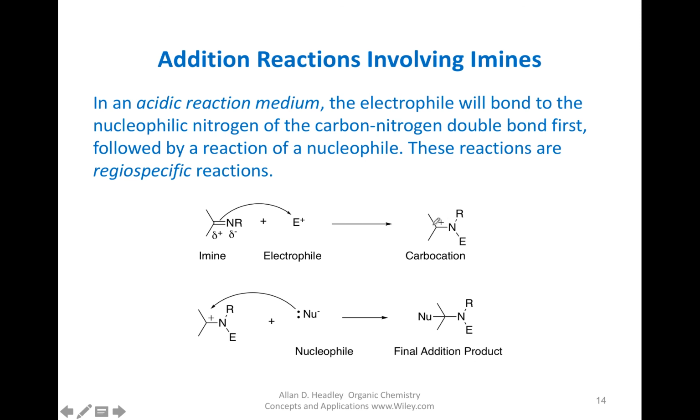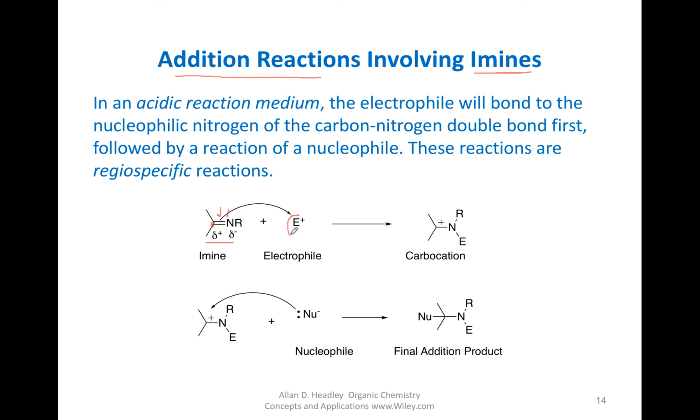Let us turn our attention to the addition reaction involving imines. So the reactant molecule, the product that we just made, the imines, can they react further? Yes, they can, because as you can see, it is a polarized covalent bond where this carbon here is partial positive and this nitrogen is partial negative.